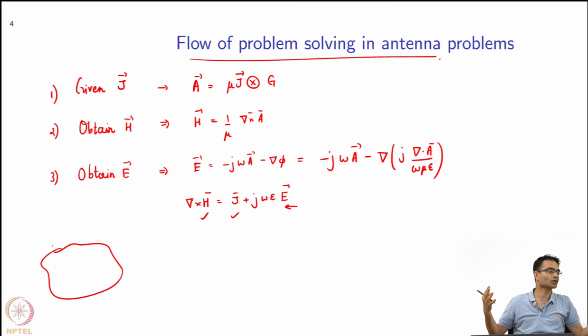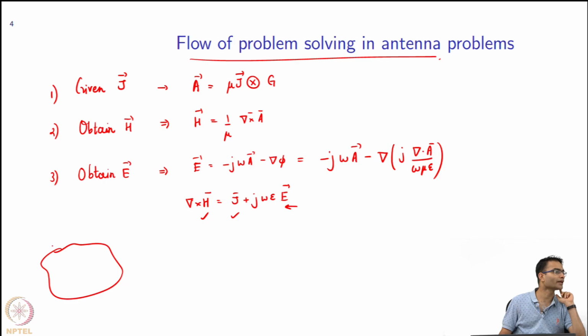There are infinite possible fields given free space, for example. Every time I change the current pattern, I get a different radiation field. So, the gauge condition is not violating the uniqueness theorem, because whatever gauge condition I choose, I get the same E and H. If I get the same E and H, the tangential fields on this contour are the same. So, the uniqueness theorem does not get violated. You get the same fields.